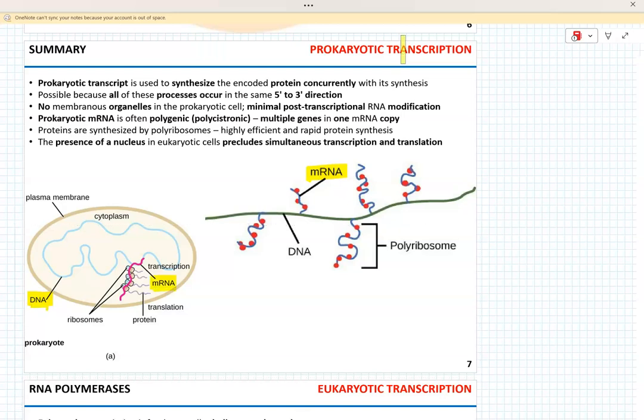When mRNA is synthesized, when transcription is actively happening, mRNA becomes available for ribosomes because there are no membranous organelles, there is no membrane that surrounds DNA, and minimal modification of RNA post-transcriptionally is required.